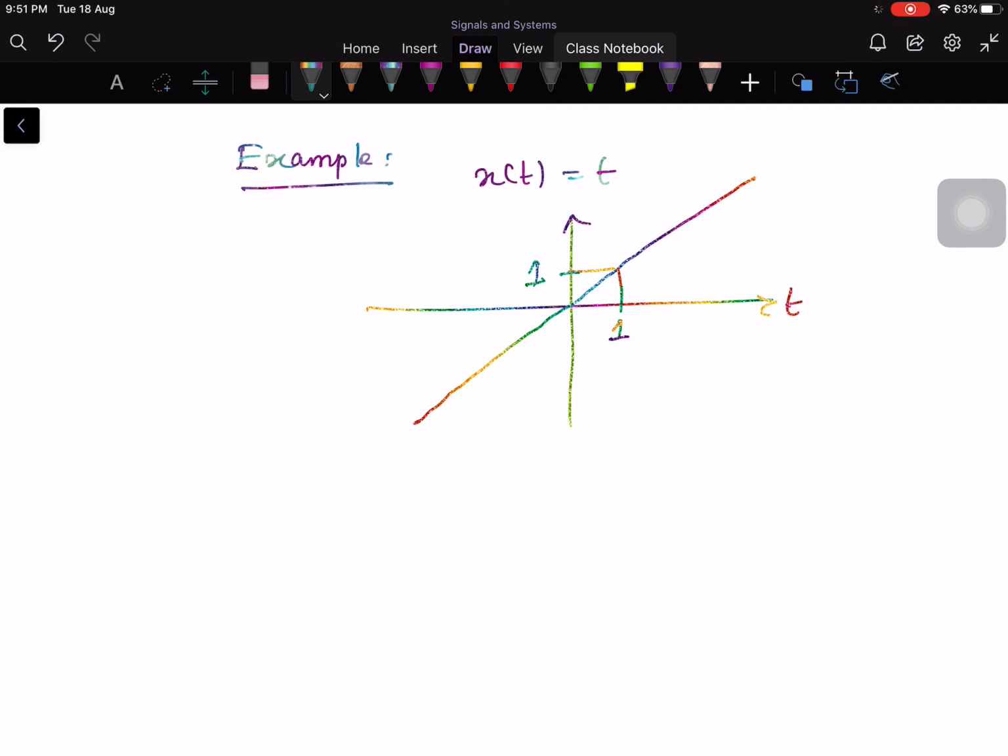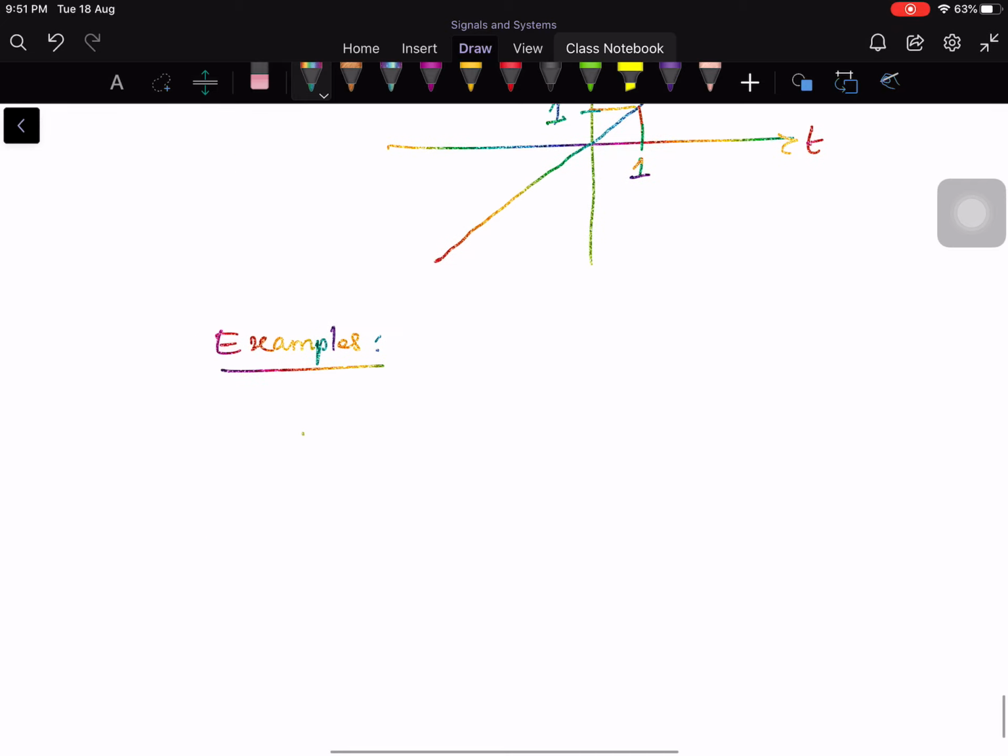Okay, now let me take some examples. Some 2 or 3 examples. With that I'll stop. Suppose x of t is equal to e power minus 2t, and the signal is defined between 0 and infinity, and 0 otherwise.